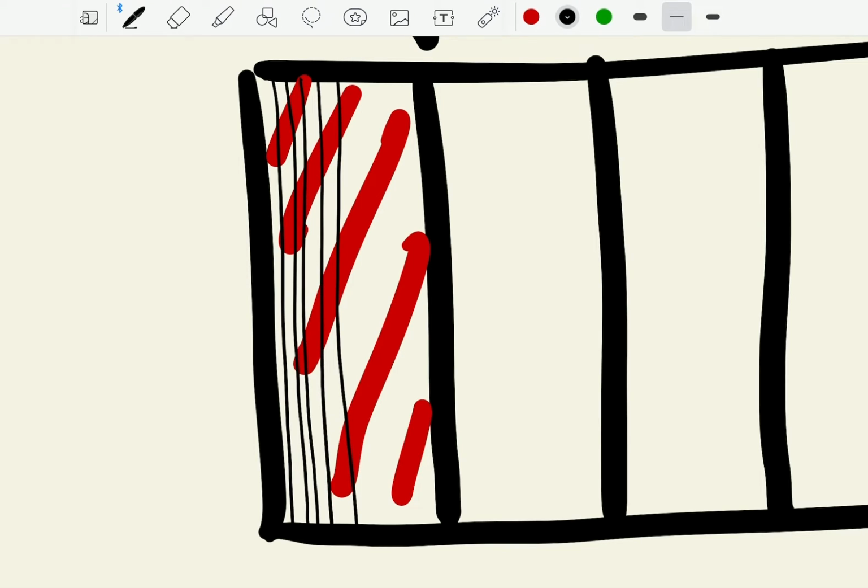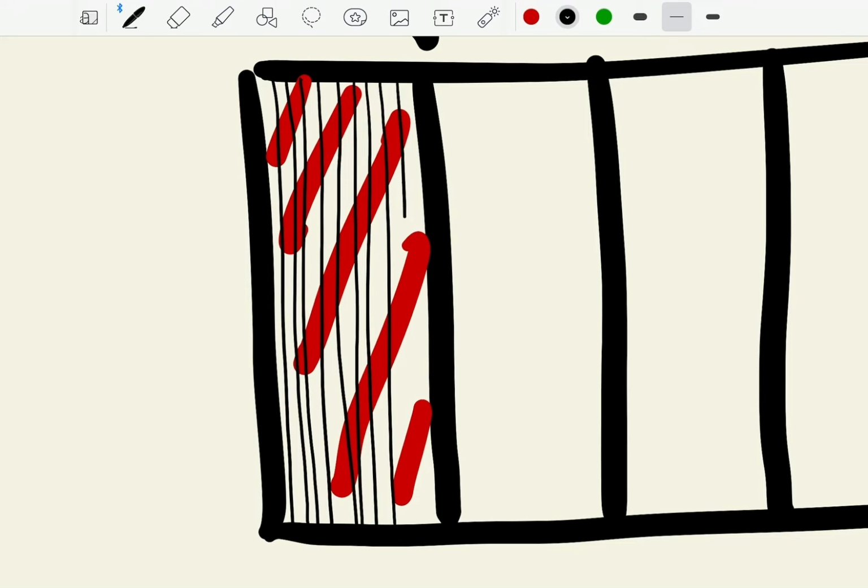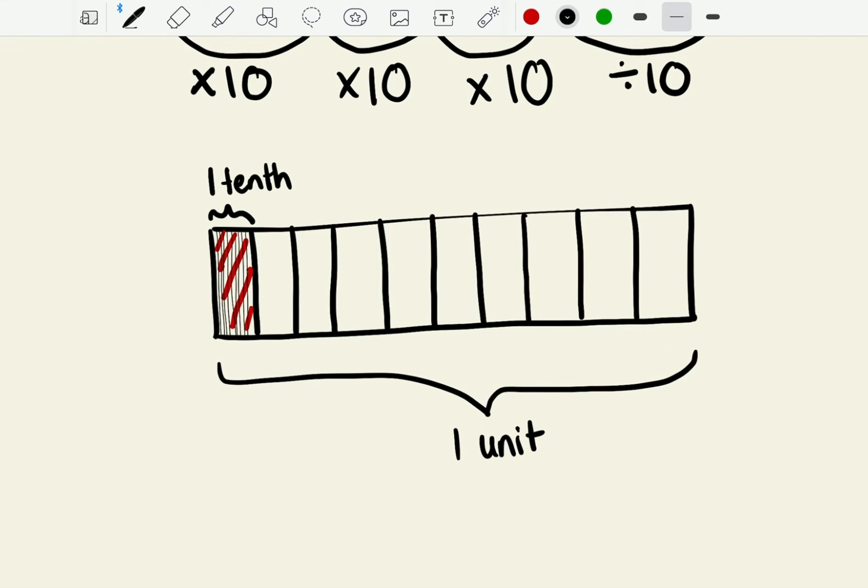So even smaller. 10 smaller parts. This is a terrible drawing, but you get the idea. So if I now divide that tenth up even smaller, you can see that I'll be able to fit 100 of these parts in the whole unit.